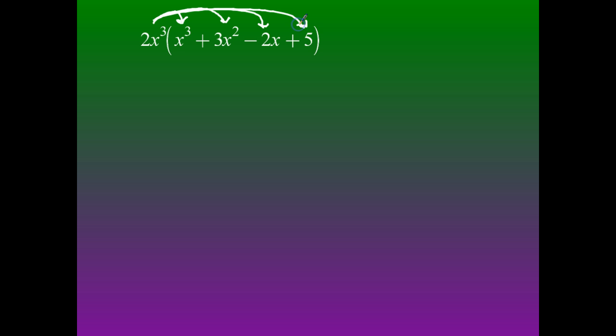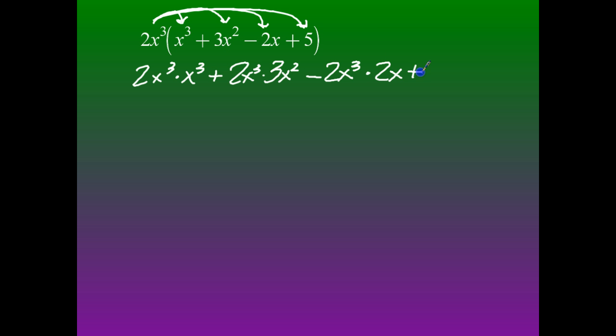Okay, so I'm going to do a long drawn out way first and sort of give you what it looks like at the end. So this is going to be 2x cubed times x cubed, and then it's going to be 2x cubed times 3x squared, and then we're going to get minus 2x cubed times 2x, and then we're going to get plus 2x cubed times 5.